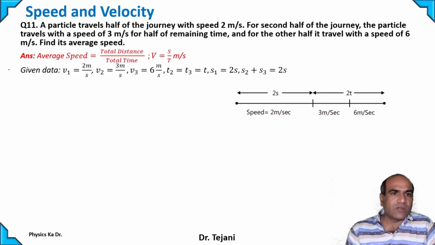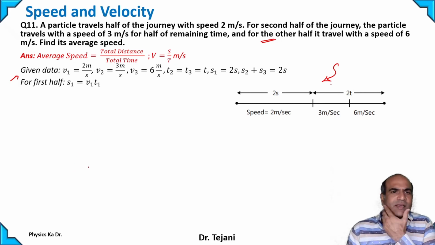Always note down all the given data, and we should construct a valid drawing to understand the problem, and then it becomes very simple. So for the first half, S1 is equal to V1 T1. Can we say S1 is equal to V1 T1 from this data?